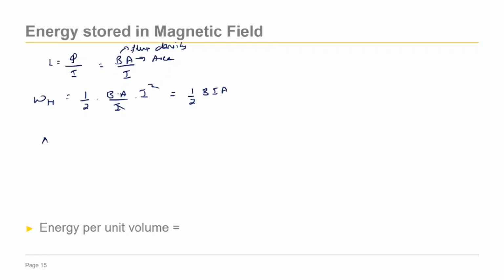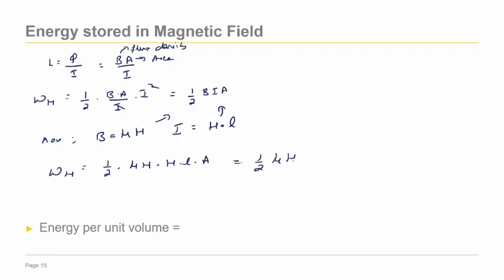Now we already know that B is mu times H, and we know that I is H times L. If we apply both of these expressions into our energy equation, our energy in the magnetic field is going to be half times mu times H times L times A, which is half mu H squared A L. As earlier, A is area and L is length.